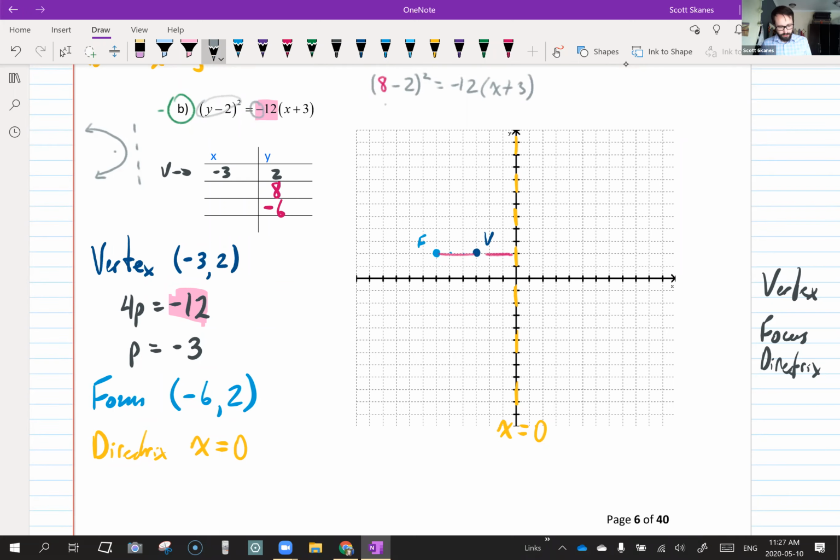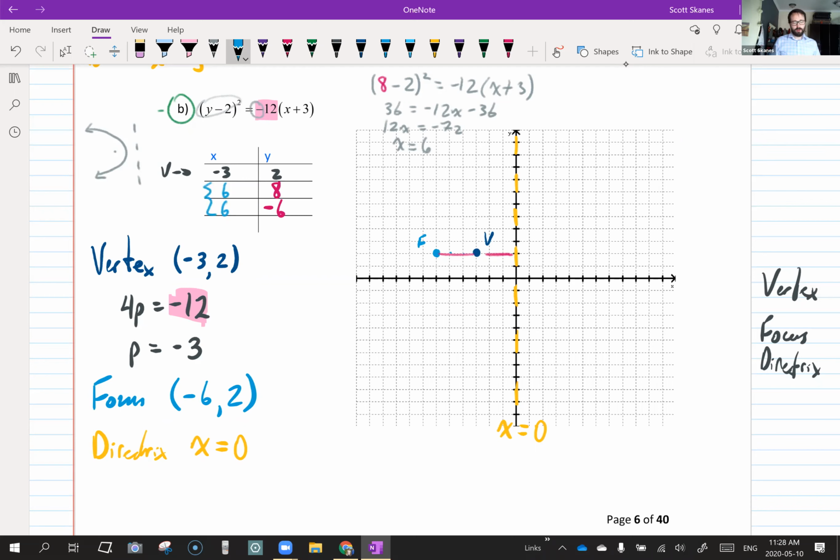Square it, I get 36. This is -12x minus 36. And so I would have 12x equals -72, which means that x equals 72 divided by 12, 6. And so the other one's also 6.